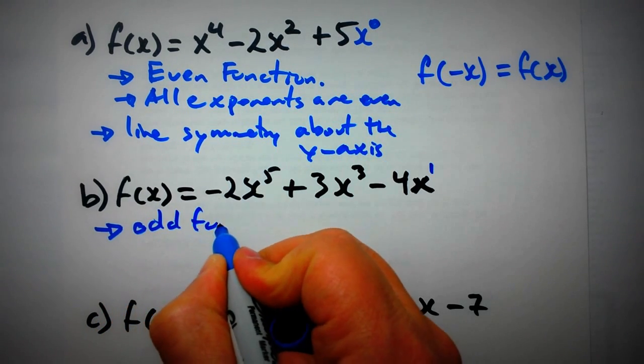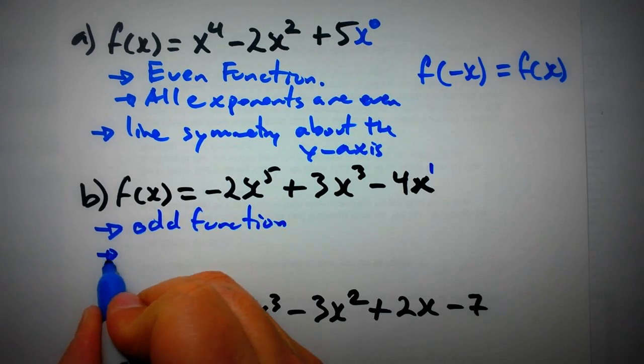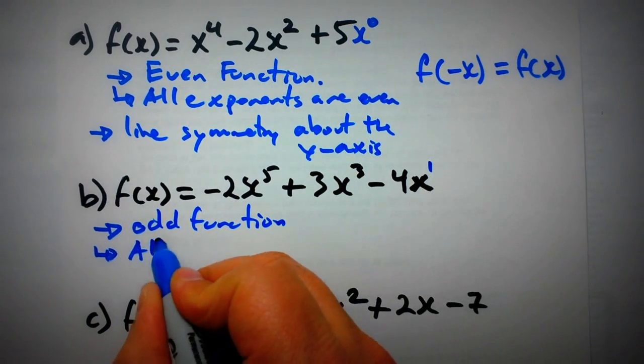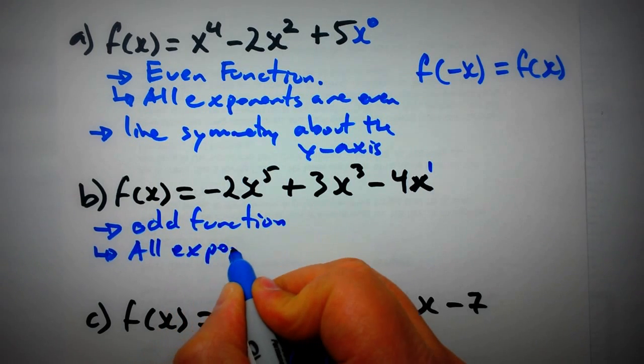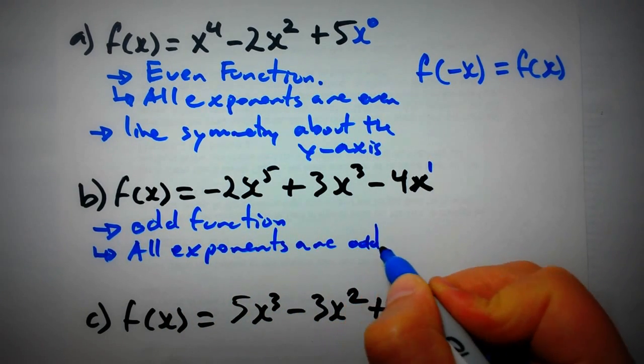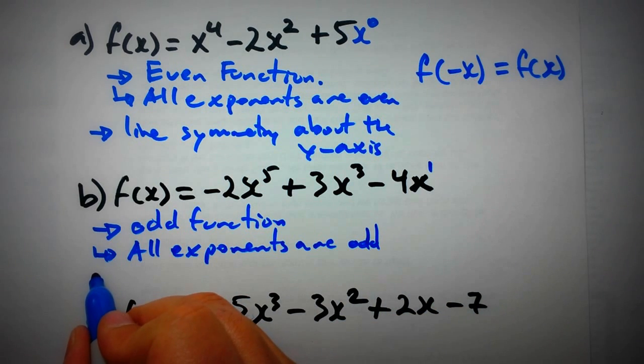Odd function. And we know that all exponents are odd, right? Because all exponents are odd, and it has a symmetry about the origin.